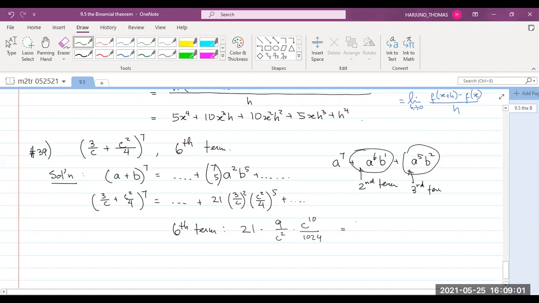That is 189 over 1024 c to the 8th. Instead of multiplying them, foiling them 6 times, and then seeing what the 6th term is, if you don't make a mistake with your fractions, right?